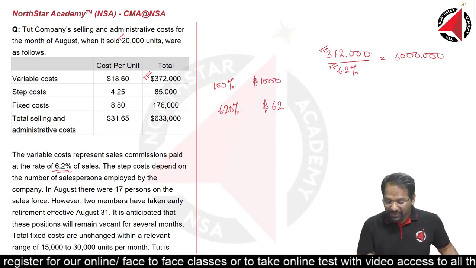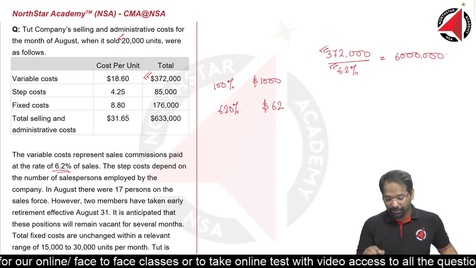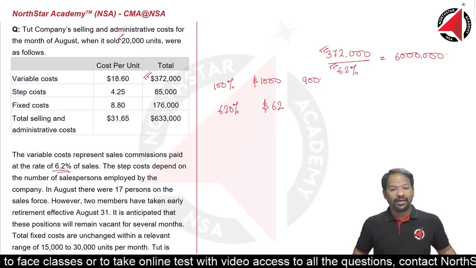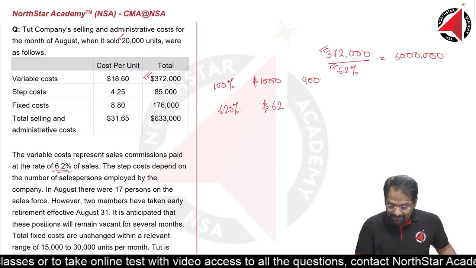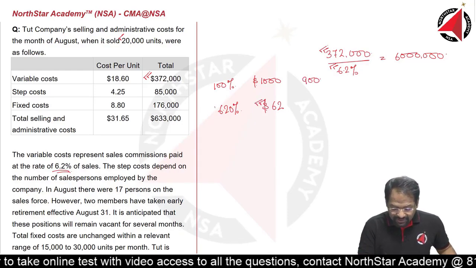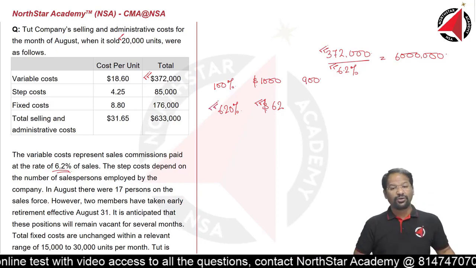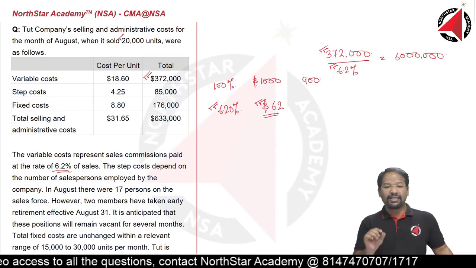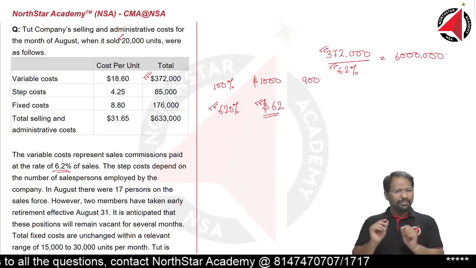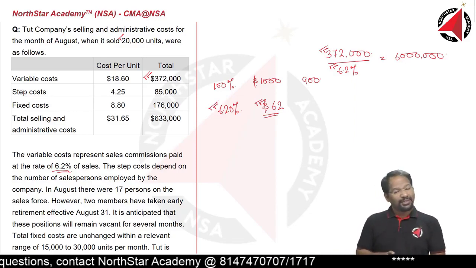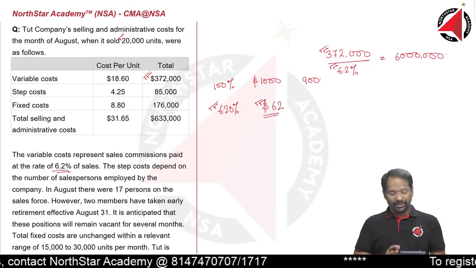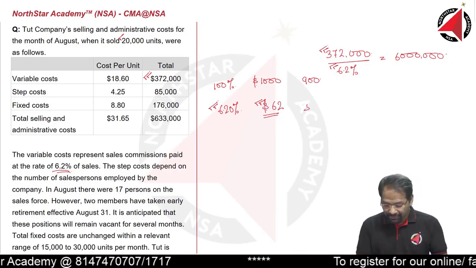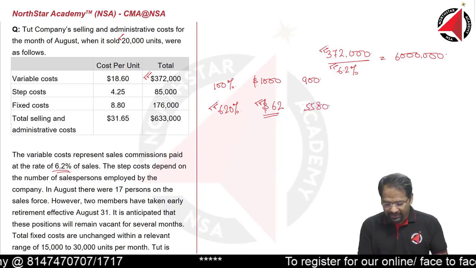Now, what if we reduce the sales price by 10%? It will become $900. If this variable cost has to still remain 6.2% of the sales, then this 62 should also decrease by exactly 10%. This is mathematics, a little confusing, but an important area to be understood. So 62 minus 10% becomes $55.80.